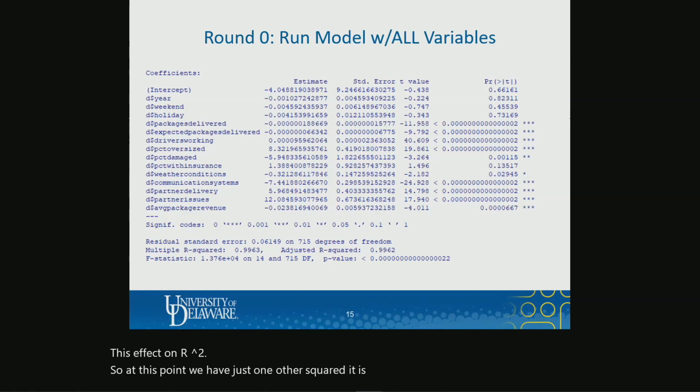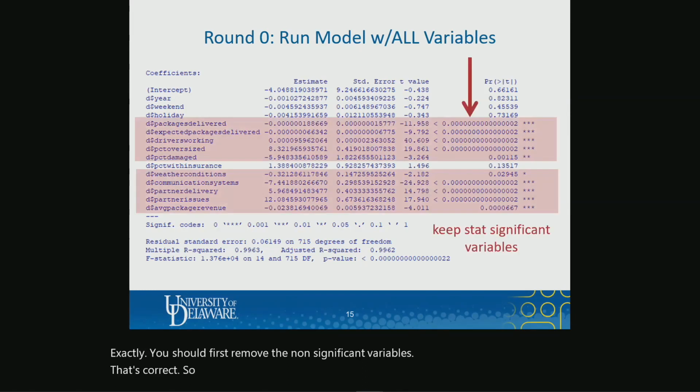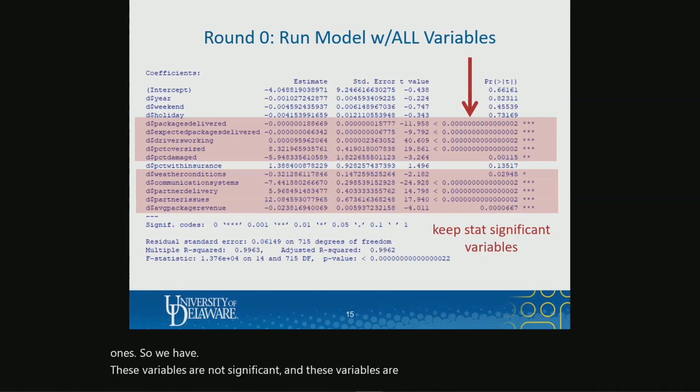It is 99.63. Take out the non-stars. Exactly. We should first remove the non-significant variables. So first, we remove the non-significant variables and keep the significant ones. These variables are not significant, and these variables are significant. So we keep the significant ones and remove the non-significant ones.